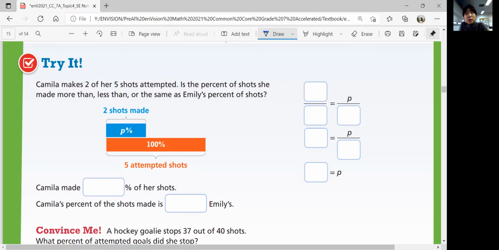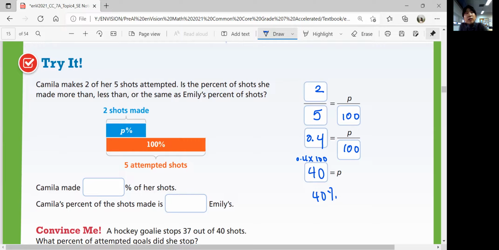So let's write the proportion. 2 out of 5 is equal to percentage over 100. And then you can change 2 out of 5 into a decimal. 0.4 is equal to P over 100. And so 0.4 times 100 would be P. 0.4 times 100 is simply 40.